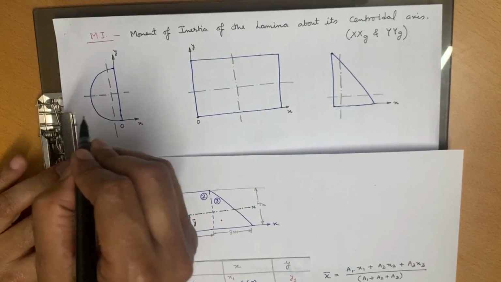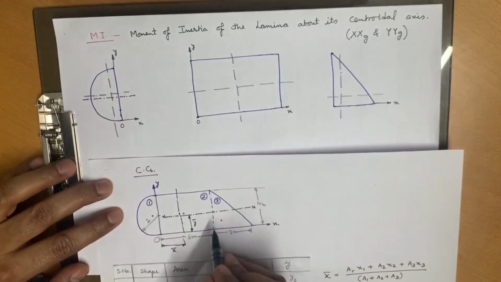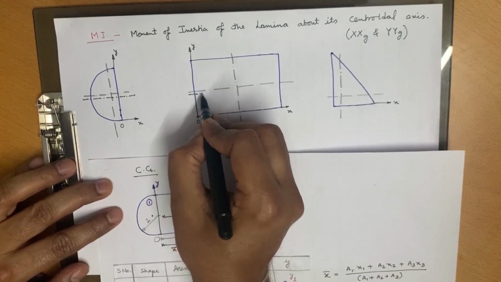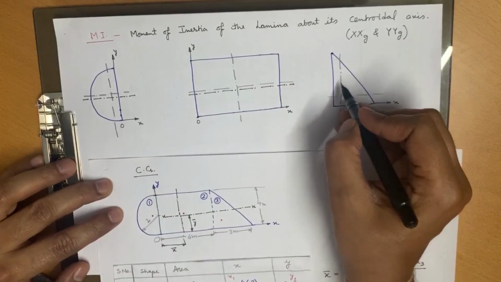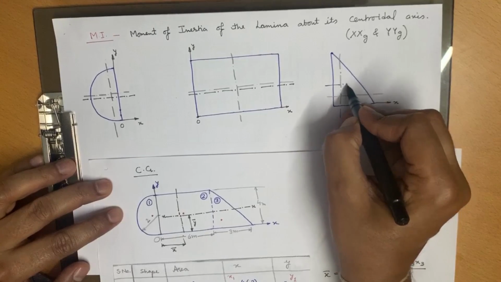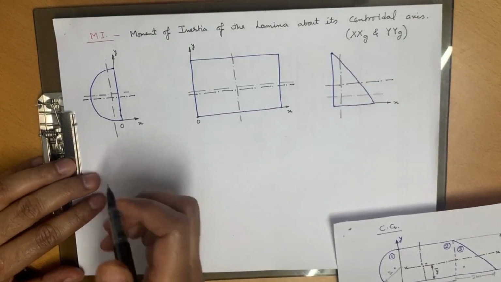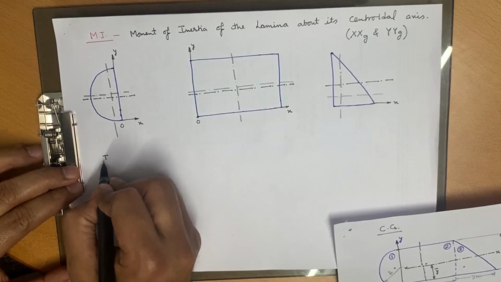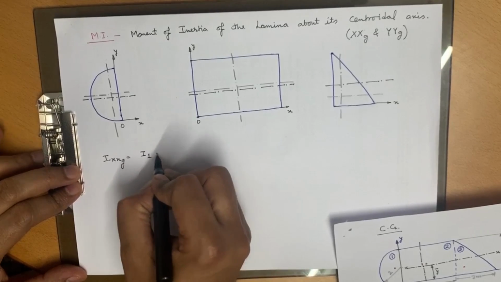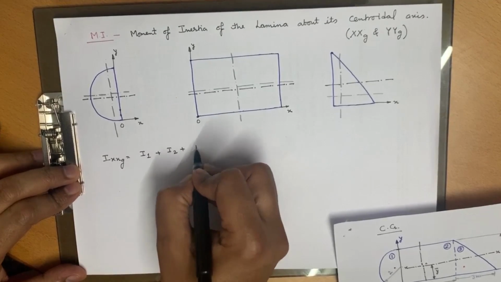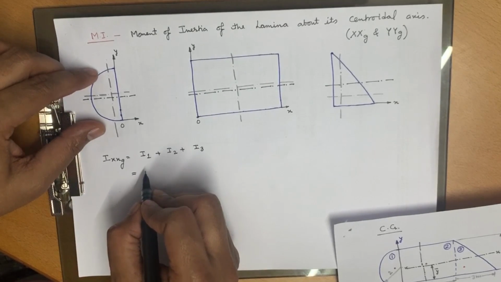It is like this for each shape, right? So IXXG is I1 plus I2 plus I3, and I1 is for this shape.